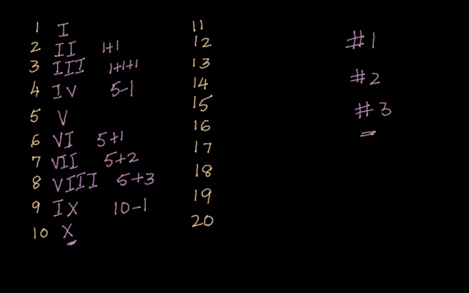Now let's try out similar things for the other numbers. How do we write 11? We can make use of the symbol 10 because 10 is closer to 11. So we can write 10 plus 1. So according to the addition rule, we write the symbol for 10 and write 1 to the right of it to make it 11. 12 can be written as 10 plus 2.